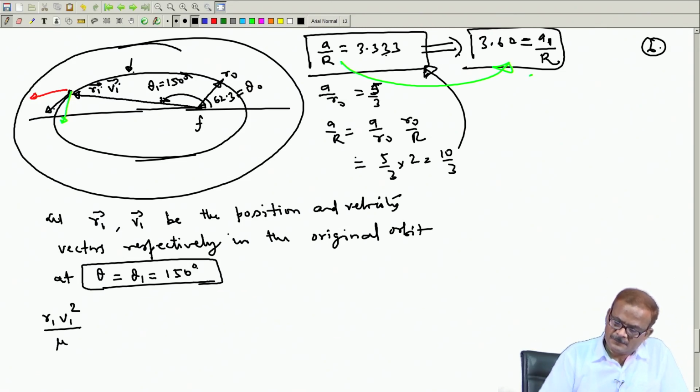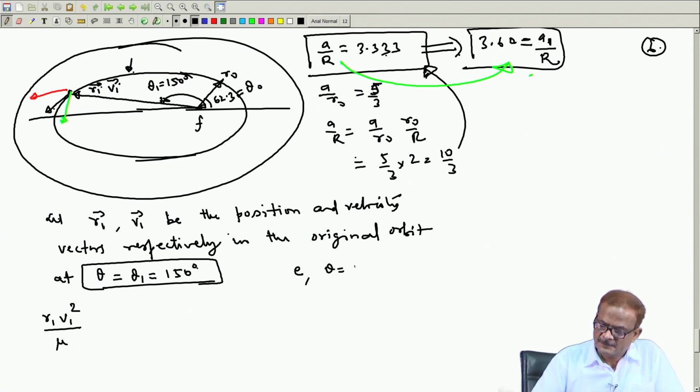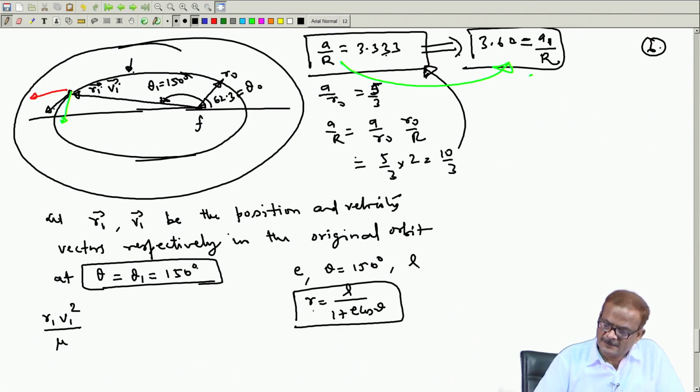So, your eccentricity E is known, and here theta is given to be 150 degree, L of the original orbit is known. So, you know that r equal to L by 1 plus E cos theta. So, from here your r 1 can be evaluated, and this will be here theta 1. So, r 1 equal to L by 1 plus E cos theta 1, and how the V 1 will be evaluated.